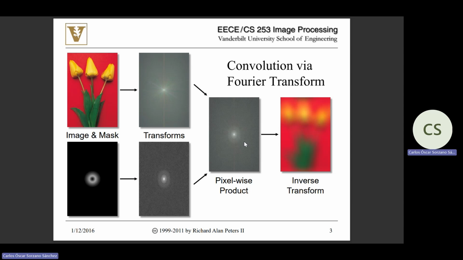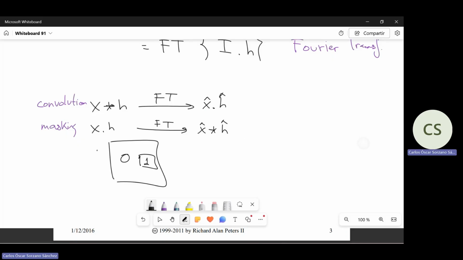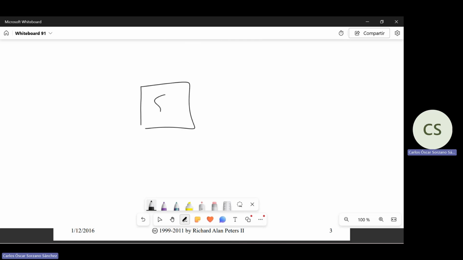And what happens at the borders? Here I don't think they are discussing that. So what happens at the borders? You may remember from the lecture on the Fourier transform, let's say that you have an image here. When you do the Fourier transform, you have something like that in 2 dimensions.